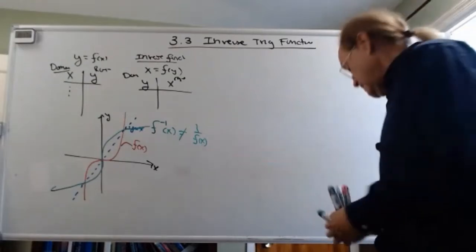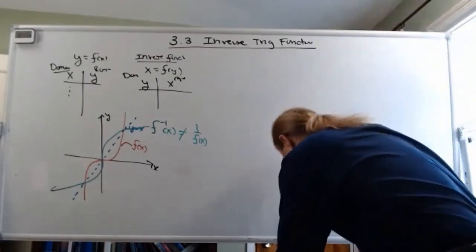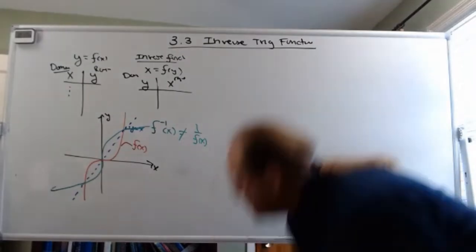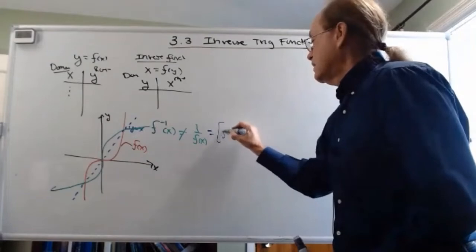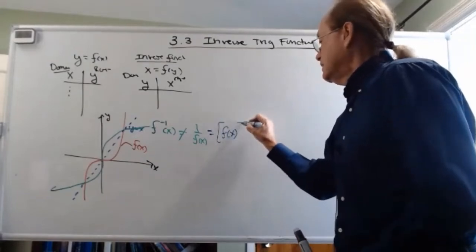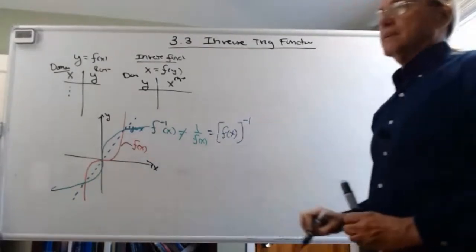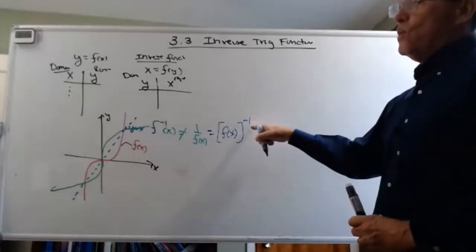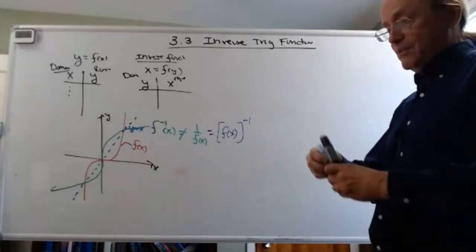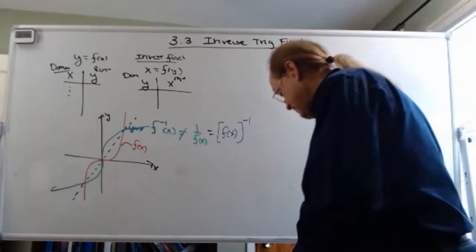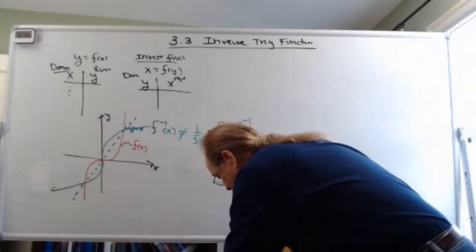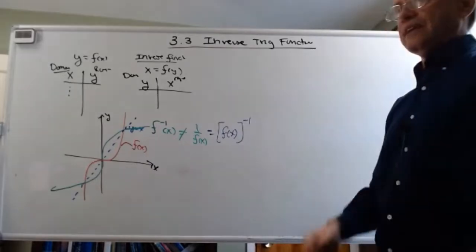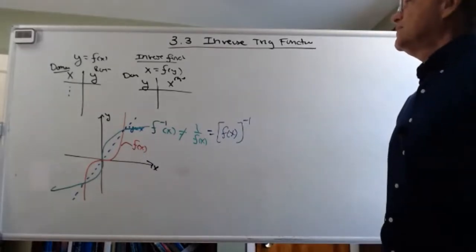If I want this, I write it very precisely like this. If I want that, that is equal to, I take my f of x, and then I take the reciprocal of everything. We call it inverse, but we should say reciprocal. We do that all the time. Inverse and reciprocal do not mean the same thing, although we use the language as if they do. But you've got to be careful.